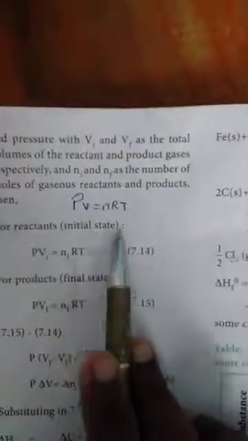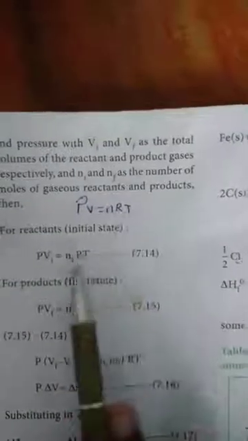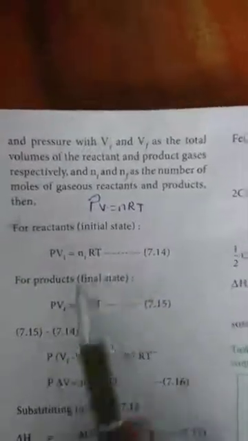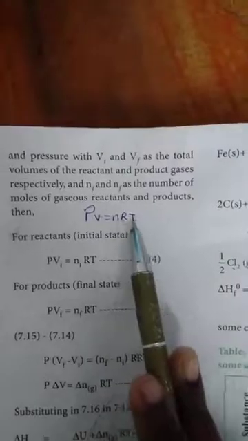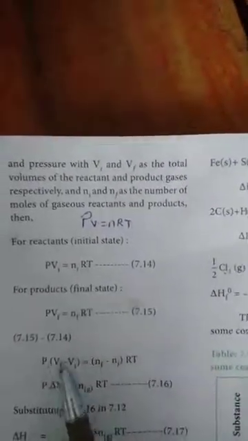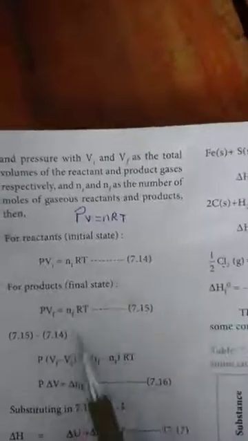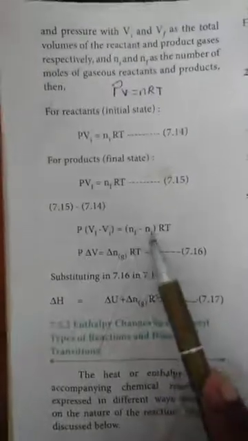For the reactant initial state we write PVi is equal to Ni into RT. Final state: PVf is equal to Nf into RT. Final minus initial means P into Vf minus Vi is equal to Nf minus Ni into RT. This is delta V and this is delta Ng, the gaseous product.